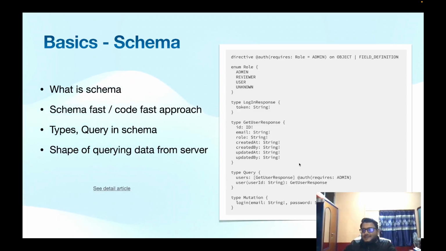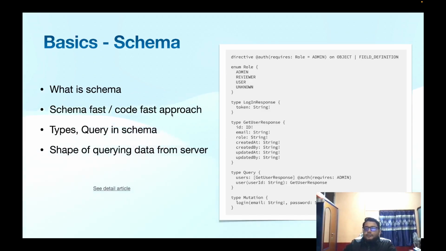This is called schema first approach. So the schema will be created manually, then it will be shared across teams. And when all the teams have agreed on the schema, then backend guys will start development based on the schema. This is the source of truth for all teams.